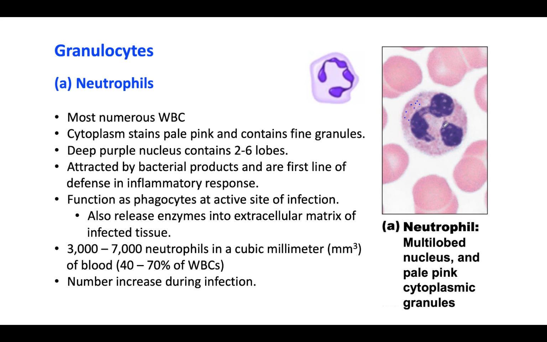This one we call lobed. The number of lobes varies from 2 to 6. In this panel, you can see 3 lobed nuclei, and in this neutrophil, you can see maybe 1, 2, 3, 4, 5 lobed nucleus.